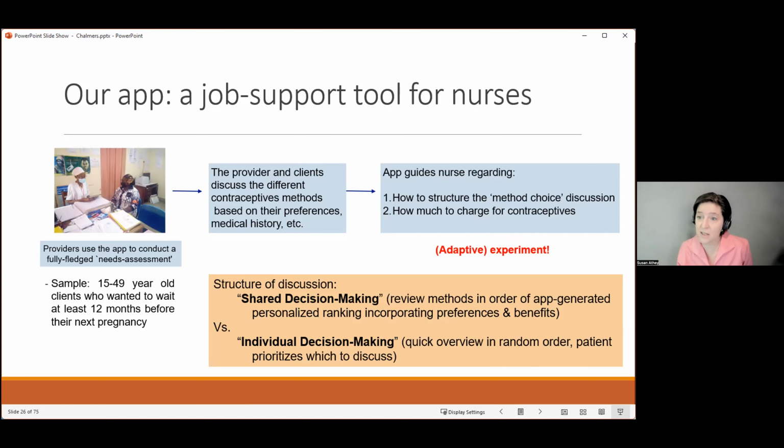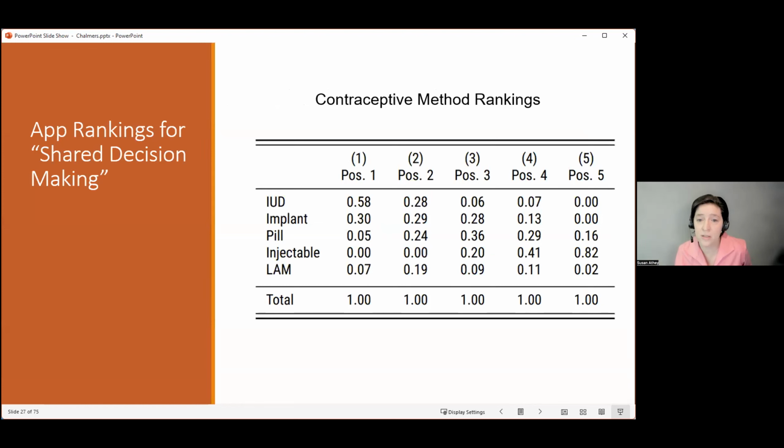We're not going to find that some highly educated women do better by guiding the conversation themselves. We can see how often the ranking system ranks different things in different positions. It most frequently ranks IUD and implant in the top positions, but it also sometimes ranks injectables and pills. The pill can be in the top position, and injectable is most often in the fourth position, based on failure rates and compliance.